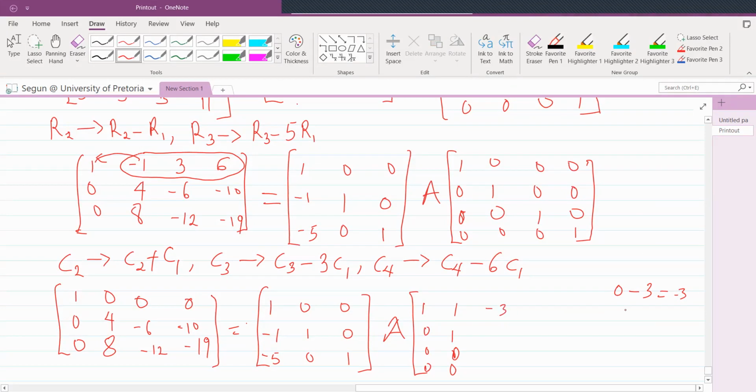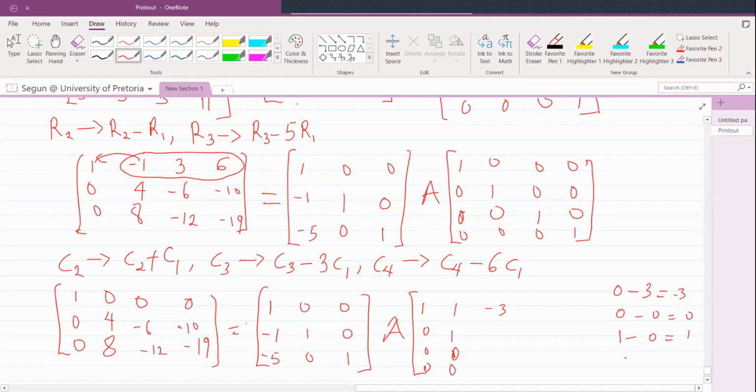Then C3 is 0 minus 0 equals 0. C3 is 1 minus 0, which is 1. So this is 0, this is 1, and the last one will also be 0.